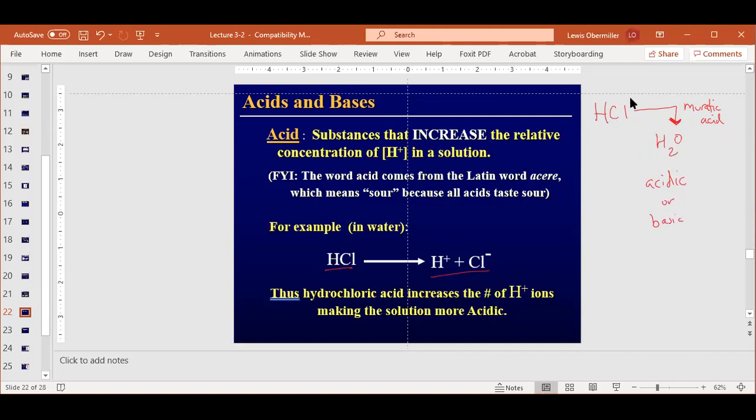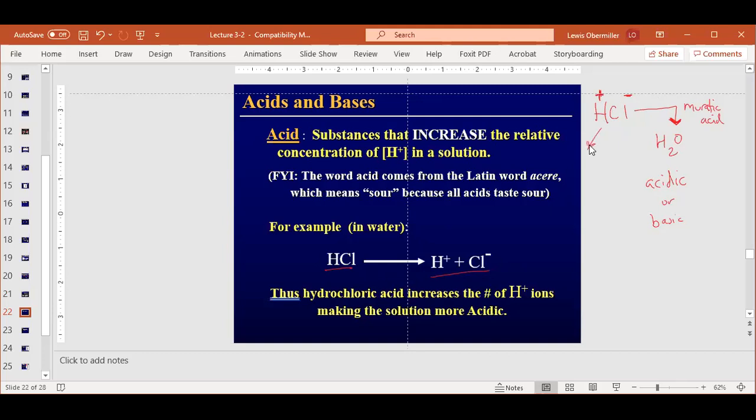Well, hydrogen's charge is a plus, right? And chlorine's charge is a minus. And you can do the electron configurations and figure that out. But when you pour this in water, remember water can dissolve anything that has a charge. So water will surround the chlorine on the hydrogen side, and water will surround the hydrogen on the oxygen side.